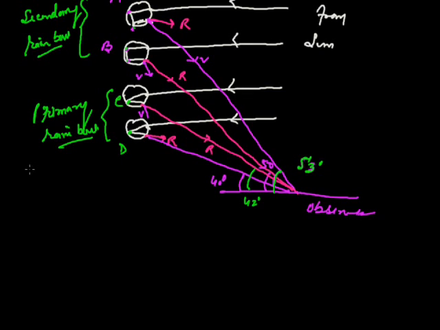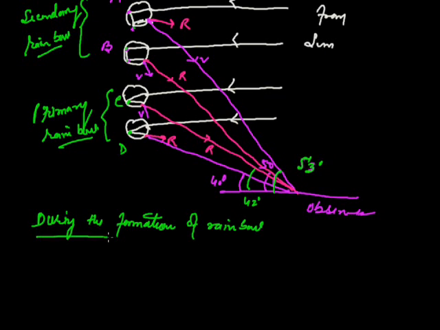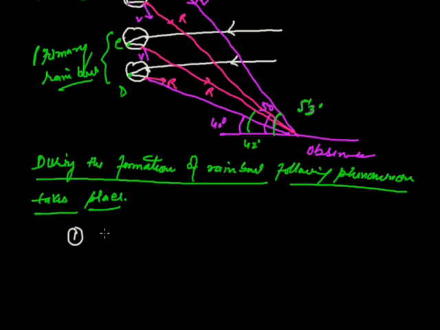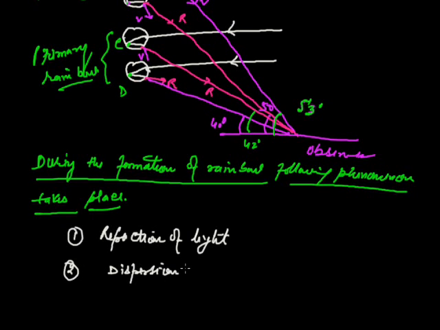Now there are three phenomena during the formation of a rainbow. Number one is refraction of light. Number two is dispersion of light, which means the white sunlight splits into its seven colors.